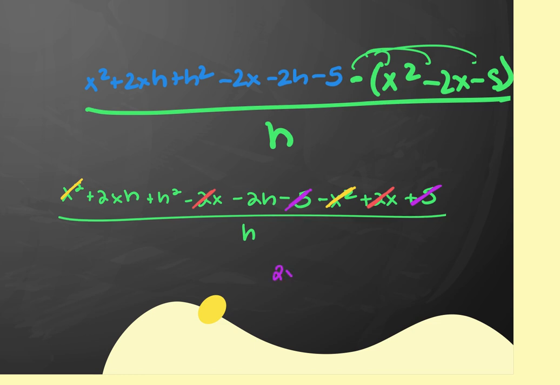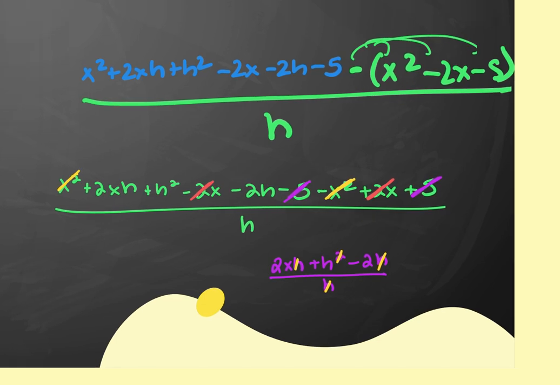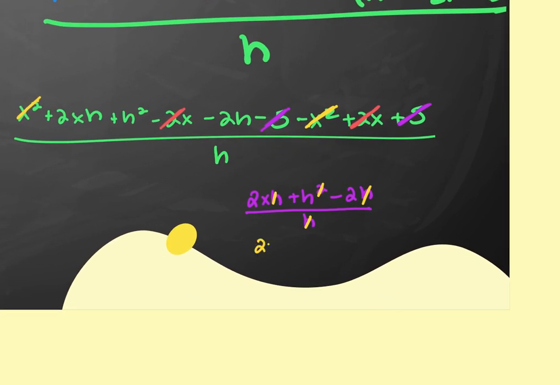I get 2xh plus h squared minus 2h all over h. If you've done that step correctly, every term that's left should have an h. And then I can cancel the bottom h into each of them. And I end up with 2x plus h minus 2.